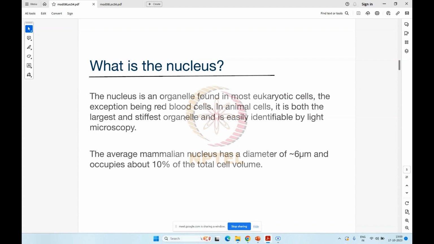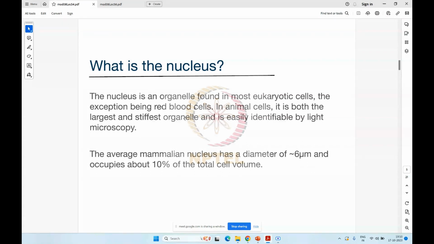You can easily observe the nucleus in a light microscope. You would see the cytoplasm and nucleus only when you see the cell through the light microscope. You can't see other organelles. For other organelles, you need more advanced methods of microscopy.